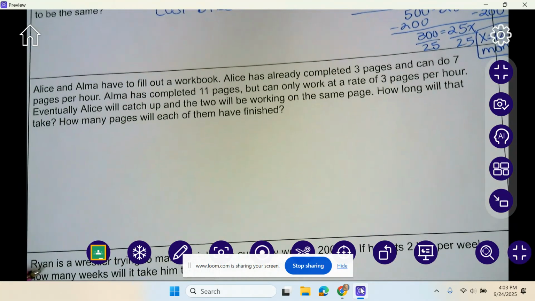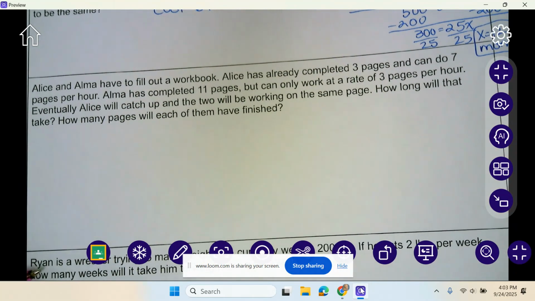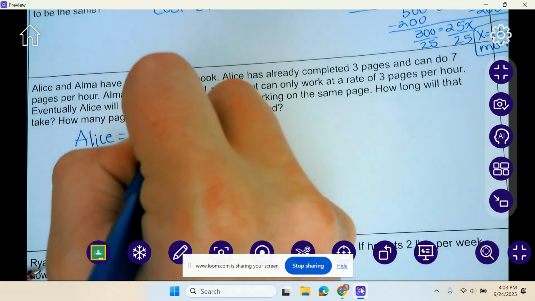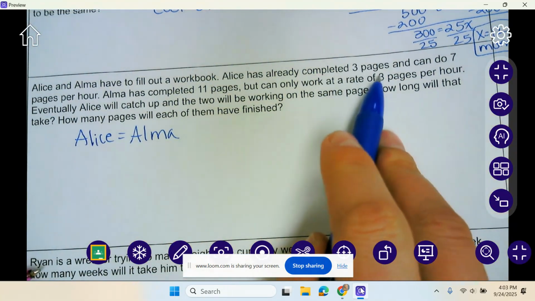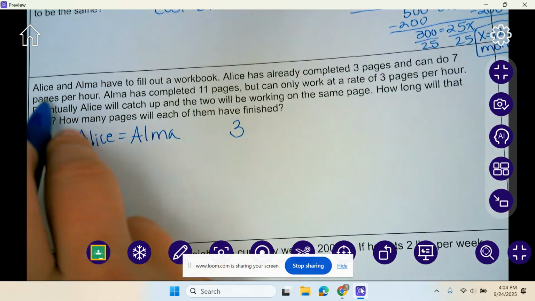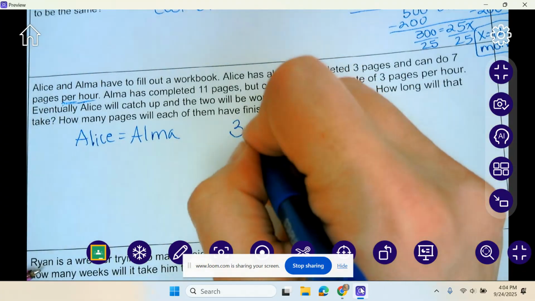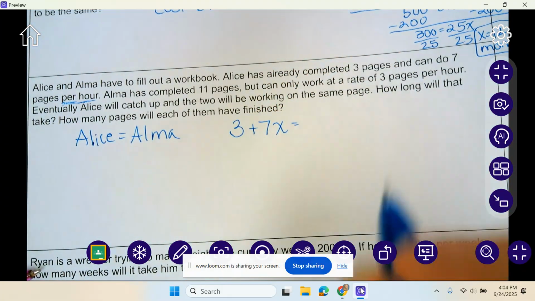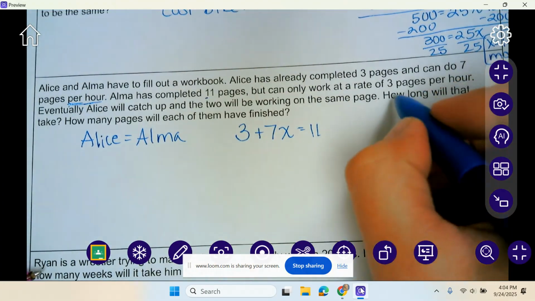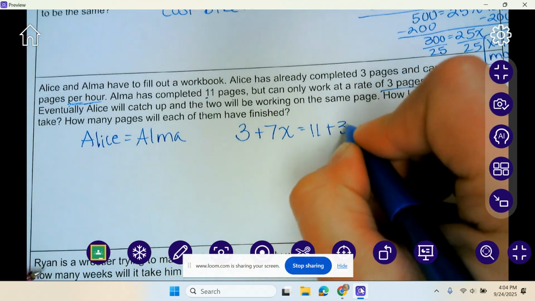All right, so the next one, we want Alice to equal Alma. So completed 3 pages for Alice, which means we have a flat 3. And then per hour is your variable. Alma has completed a flat 11 pages, and then she does 3 per hour, so that's the variable.